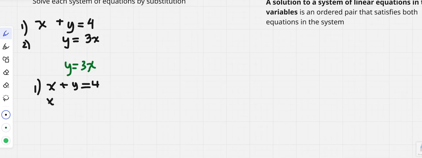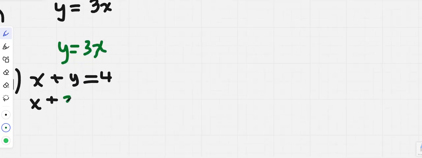So we have x plus 3x equals 4. And now we're going to solve for x.